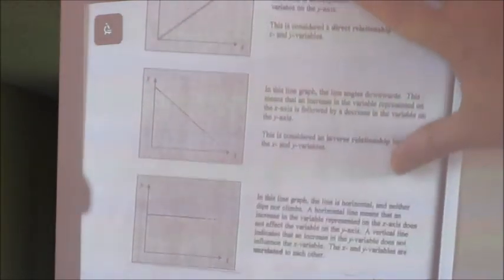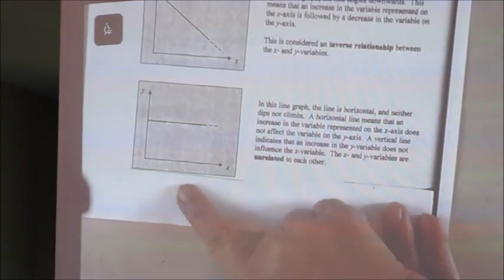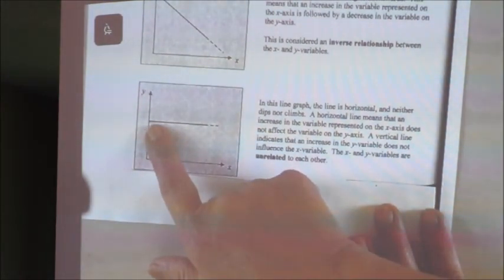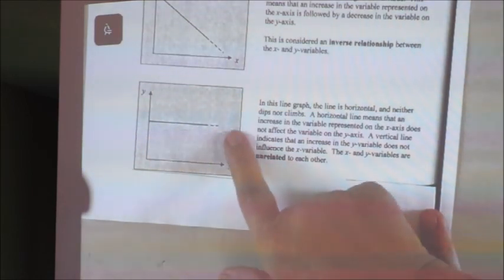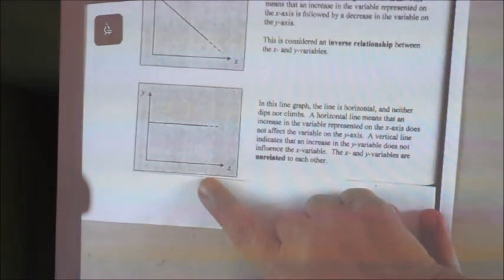And the bottom graph shows that as your x values are increasing, your y value is staying the same. So this means that your dependent variable and independent variable are not related. They are unrelated. They are not related to each other at all.